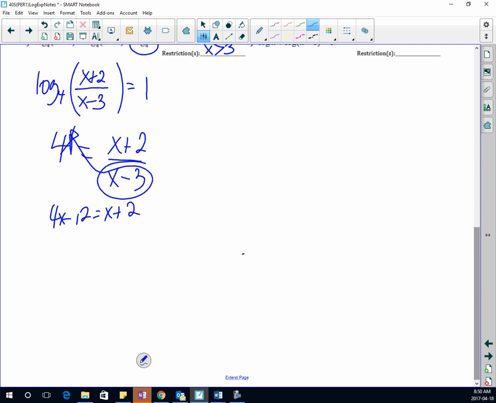I cross multiplied the x minus 3 times the 4 to the power 1, so that's how I got 4x minus 12. Yeah? Okay, I'm going to move the x over, so I get 3x. I'm going to move the 12 over, so I'm going to get 14. So x equals 14 over 3. Is that greater than 3?